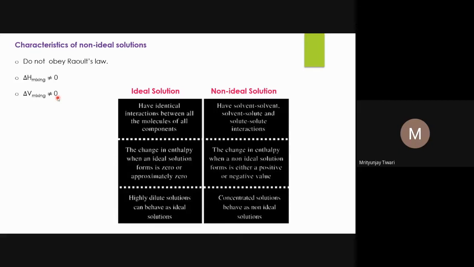And if the sum of the volumes of solute and solvent is greater than the volume of the solution, or the volume of the solution is lesser than the sum of the volumes of solute and solvent, then you say delta V is negative, which is also a non-ideal solution. So if delta V mixing is 0, it is ideal. If delta V mixing is not 0, whether positive or negative, it is non-ideal.